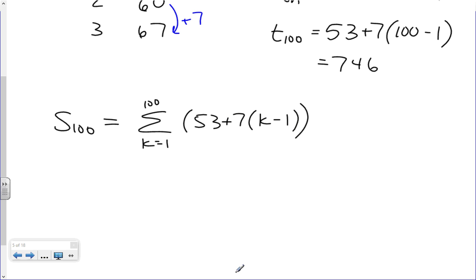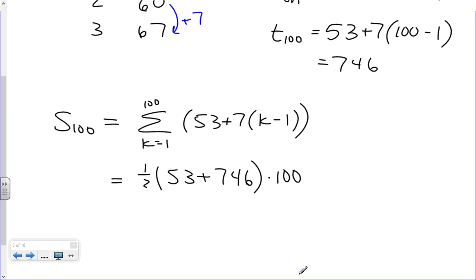I put this in terms of k. That's my partial sum that I'm generating here. Because it's arithmetic, I have another way to calculate this. It's one half of the first term, which is 53, plus the last term, which is 746. I should say the 100th term, there isn't a last term. It goes on forever. Times the term number, which is 100.